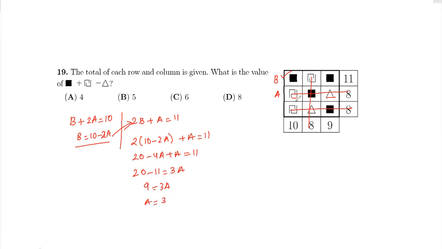So the value of this is 3. So if we substitute in here, this is 3, which is 6. So B becomes a 4. This is 4, 4, and a 3. This is 3, 4, 7. So this becomes a 1. So the value of this is 4 plus 3 minus 1, which is 7 minus 1, is 6.